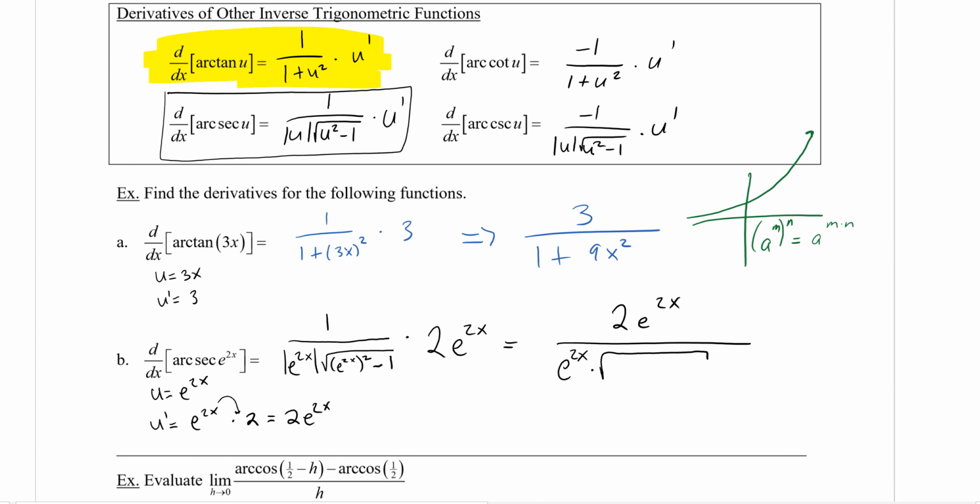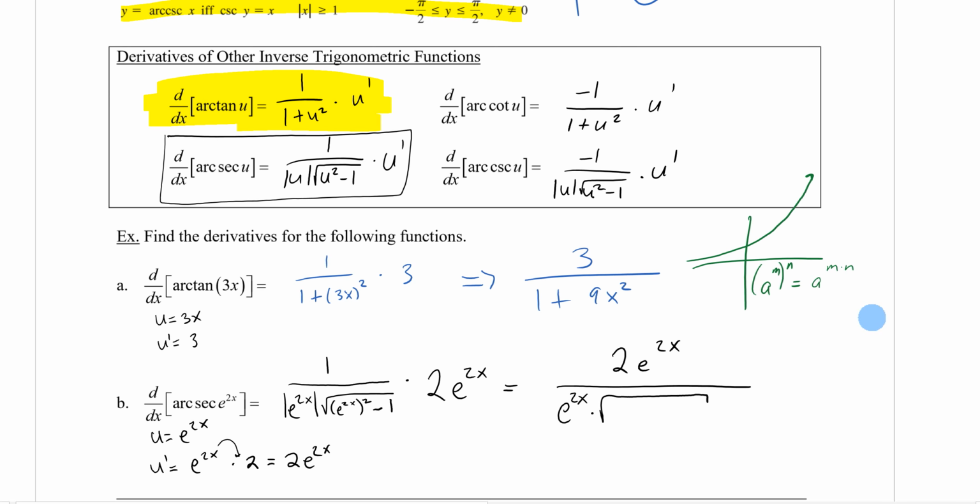Okay, so let's finish off the problem. e to the 4x minus 1. And then you can see that you can divide out e to the 2x and e to the 2x. So your final answer would be 2 over the square root of e to the 4x minus 1.